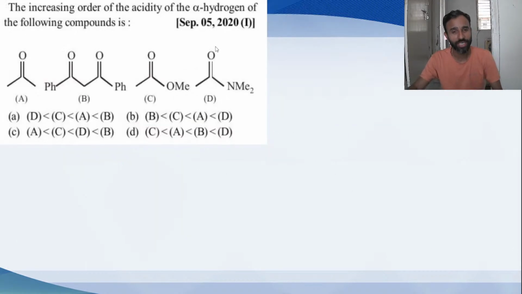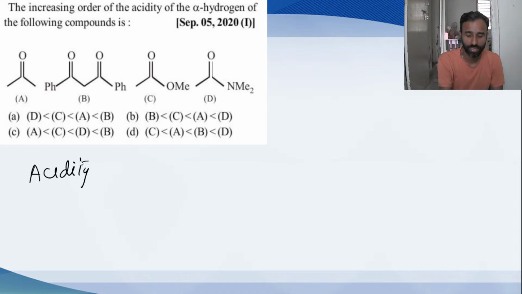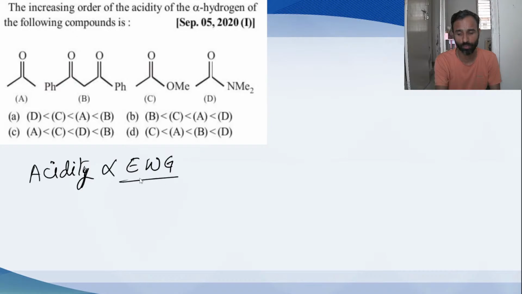Increasing order of acidity of the alpha hydrogen of the following compounds. See, acidity is proportional to electron withdrawing groups.